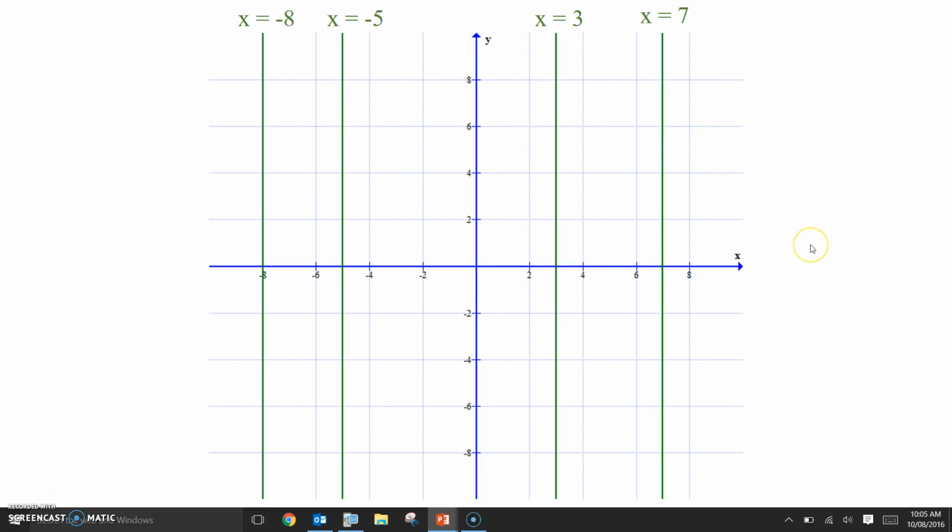So obviously there's two important lines to talk about. x equals 0 and y equals 0, which are our axes. So x equals 0 is the y-axis, y equals 0 is the x-axis. When you understand where it comes from and what it means, it makes sense. But you can also kind of remember it's the opposite. y equals 0 is the x-axis, x equals 0 is the y-axis.